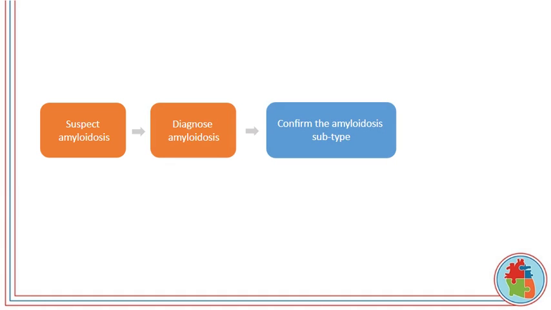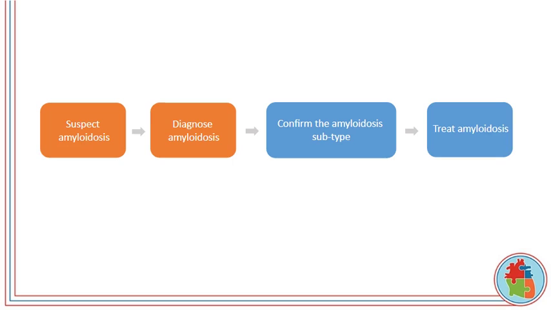When I think of the diagnostic and management continuum for cardiac amyloidosis, the general process can be broken up into four components. First, we must suspect amyloidosis, and then we can diagnose amyloidosis. Next, we must confirm the amyloidosis subtype, and then from there, we can move on to treat amyloidosis.